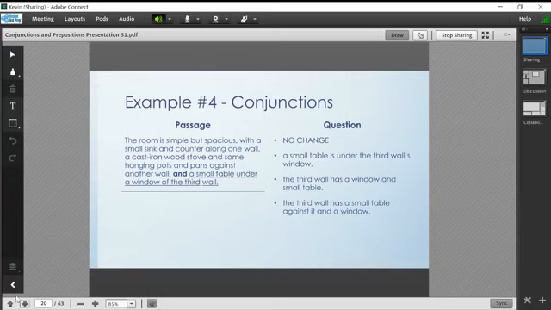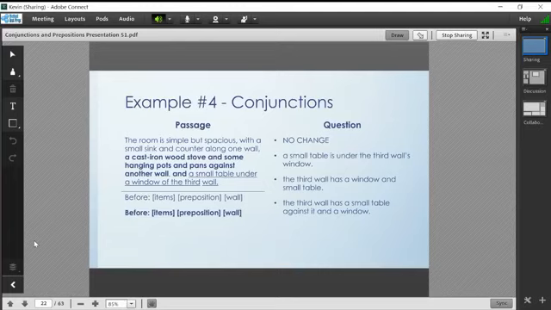So let's take a look in the beginning. We see "with a small sink and counter along one wall." So I have the items, I have my preposition, and then I have the word "wall." Then a little bit later, I have "a cast iron wood stove and some hanging pots and pans." A lot of words to confuse you, but it's still just the items, the preposition, and then the wall.